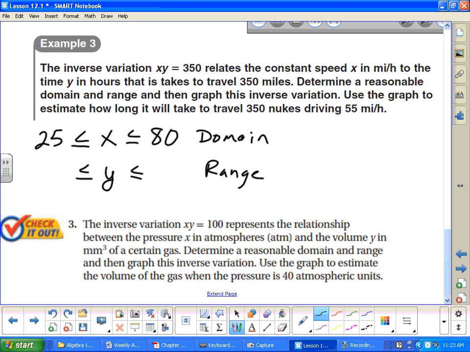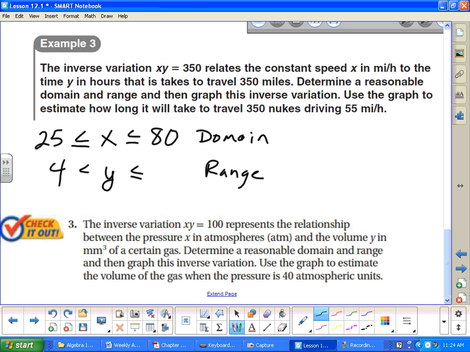So who can tell me what's 350 divided by 80? 4.375. So how about if we say that y is greater than 4, because we like whole numbers whenever we can use them.